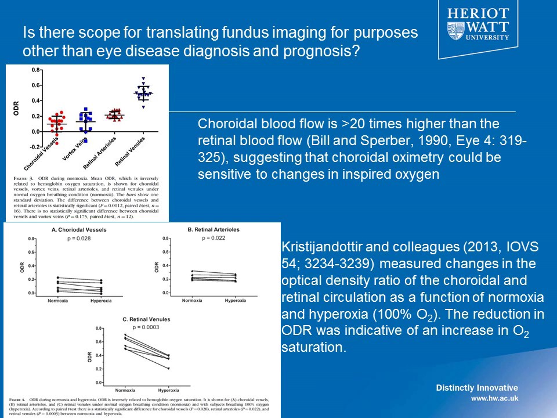Around about the same thing in terms of the retinal arterioles, and a big change in the retinal venules, which suggests that the direction of change in oxygenation in the choroid is the same as that seen in the retinal circulation.